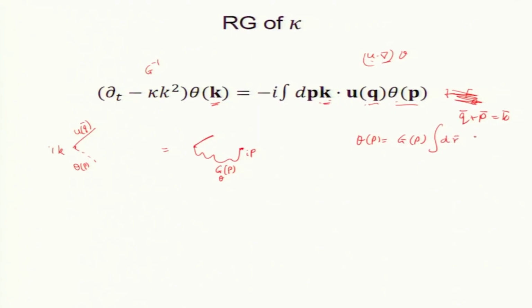Instead of p I write dr, p dot u of r and theta of s, and what are r and s? r plus s equals p, right. I just have to rewrite it, but with a change of variables. I should not write pq because that pq is already taken. These are dummy variables, r and s. So, I get r here. So, u will combine with u of q here and u of r here, and this will be theta of s.